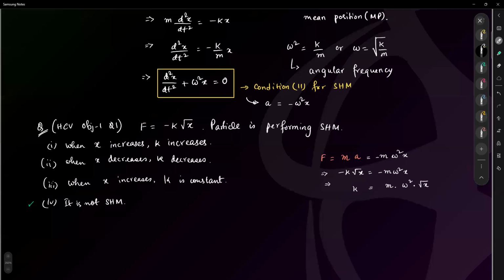Mass is constant, isn't it? Mass is constant. That means k should be proportional to root x. So, according to H.C. Verma, the correct option is number 1 and not number 4.